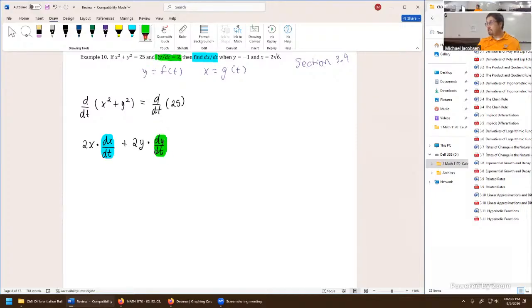We know that dy/dt is 2 altogether. We also have values for y and x, those particular numbers. This whole thing is set equal to 0. We want to solve for dx/dt. So at this stage, we could solve for dx/dt. I think in section 3.9, we often made a substitution right here for all the known values.